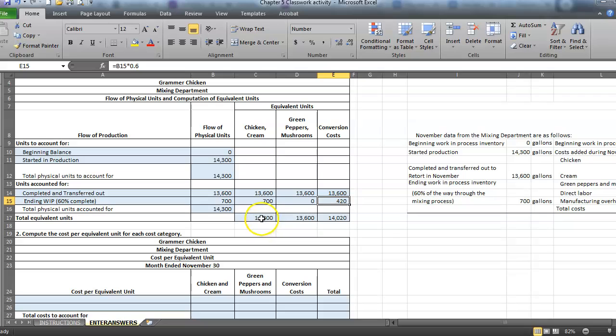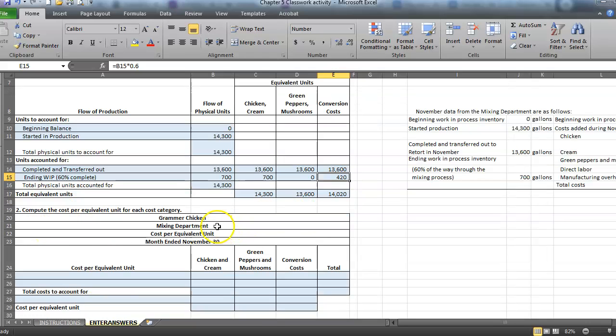Using that, now we can say, okay, for each one of the processes, we know exactly what the equivalent units are. We have not only included our completed and transferred, but we included our WIP. And for our WIP, we are going to be calculating a fraction of it. What is the fraction? The fraction that it is complete. So for our chicken and cream process, 14,000 equivalent units.